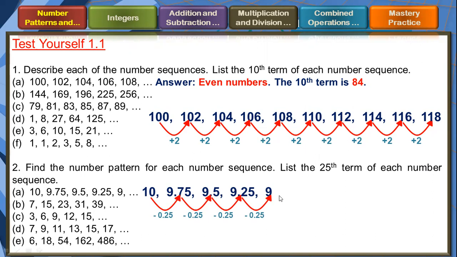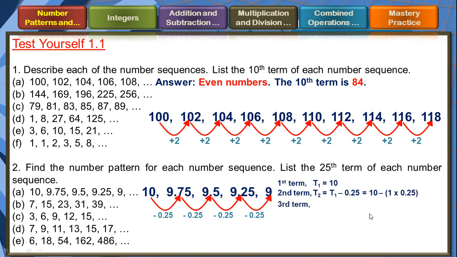We will find the number pattern by finding the formula that we can use. First term, t sub 1 equals 10. T sub 2 equals t sub 1 minus 0.25, which we can write as 10 minus 1 times 0.25.